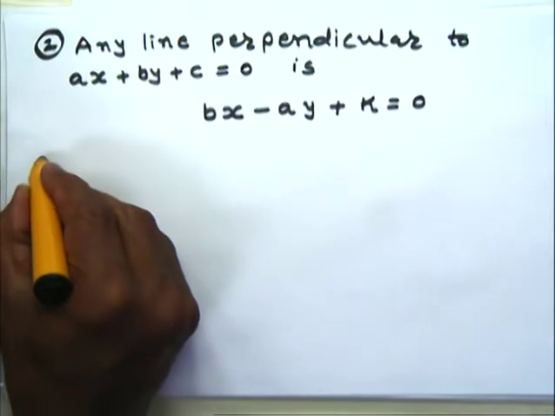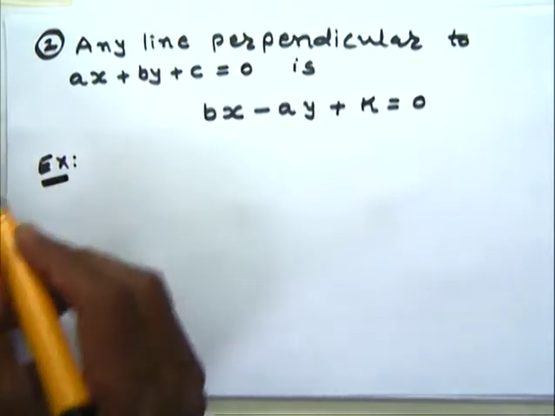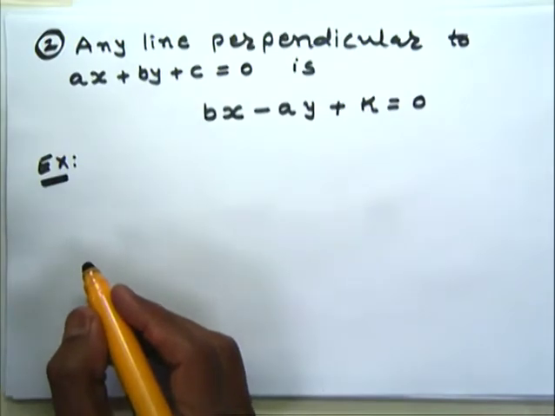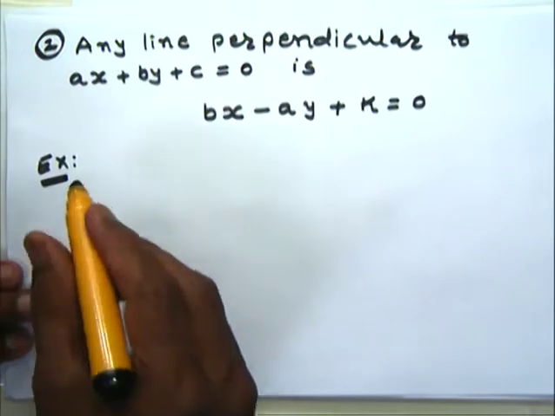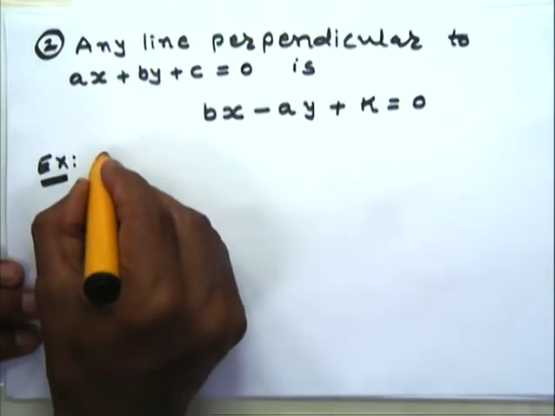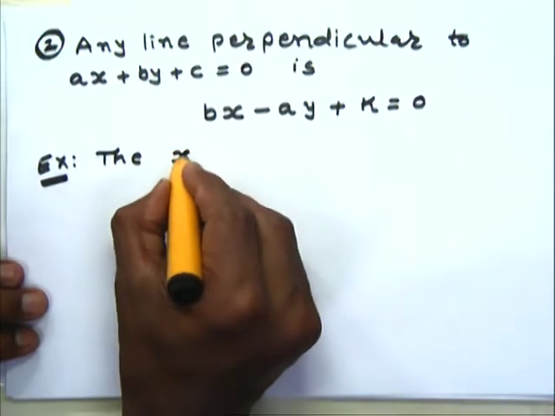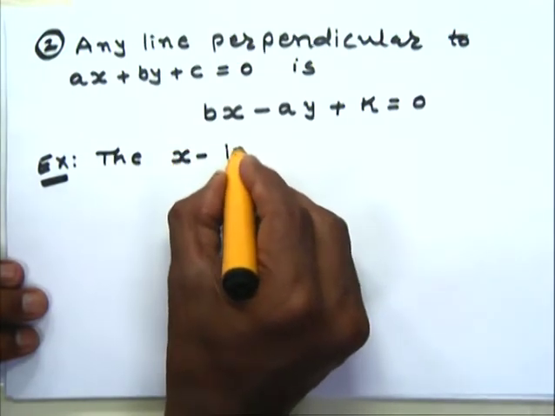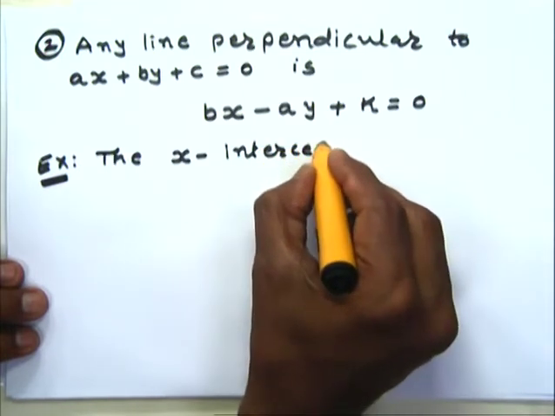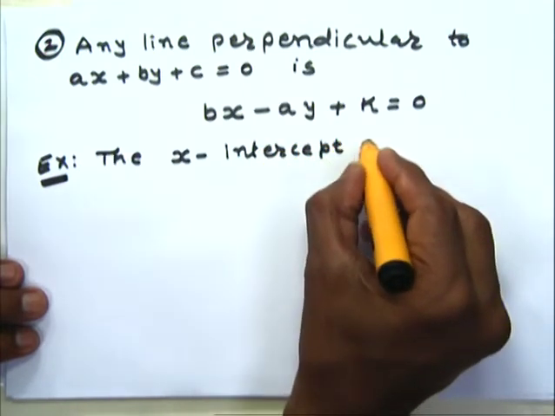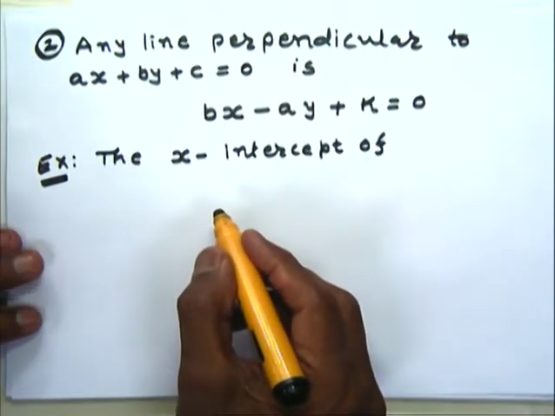Before I conclude, let us find one more example on the discussion. The x-intercept of a line is given to us.